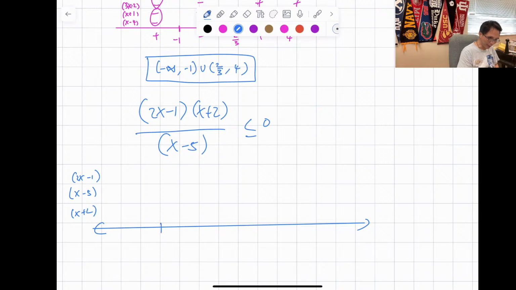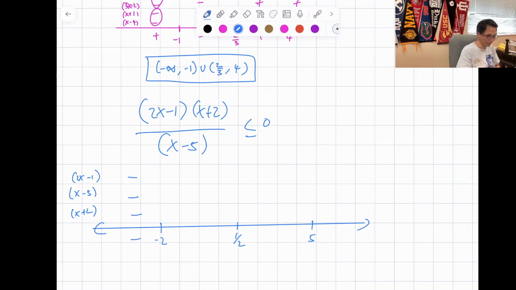So I'm gonna start at -2, 1/2, and 5. Do you guys know where I get those numbers from? I just take each parenthesis and solve for it. Now I'm gonna plug in -3: negative, negative, negative is negative.